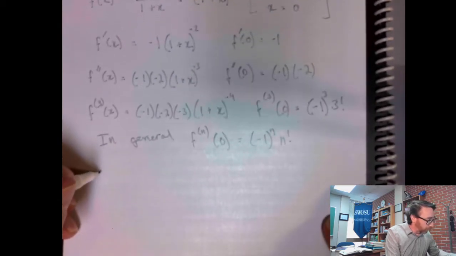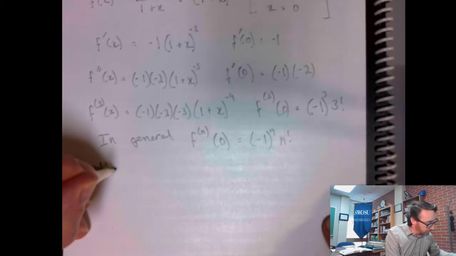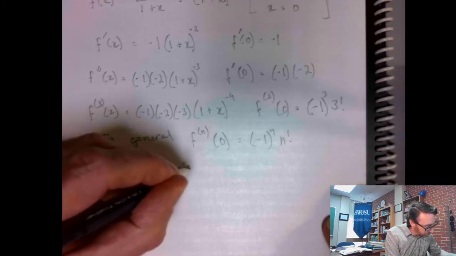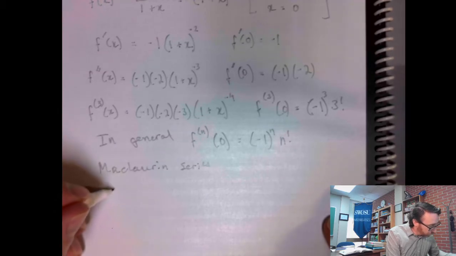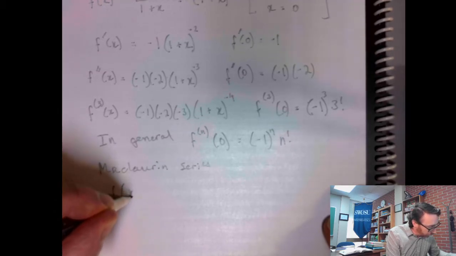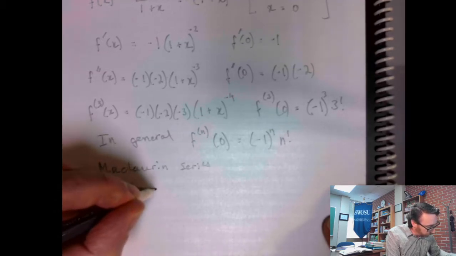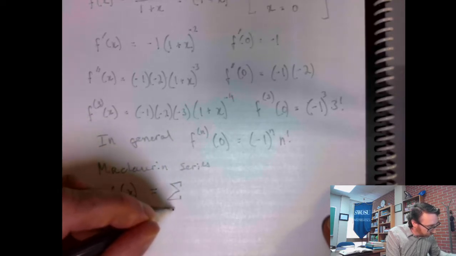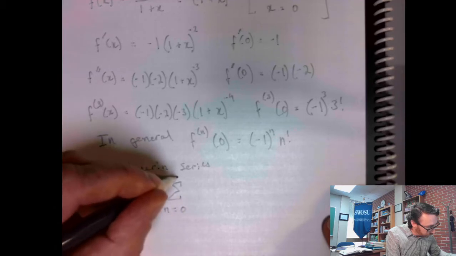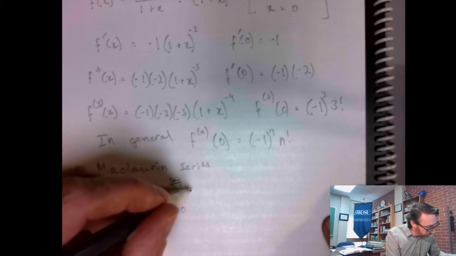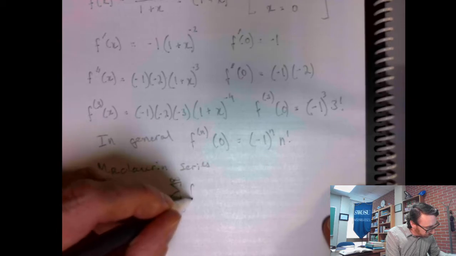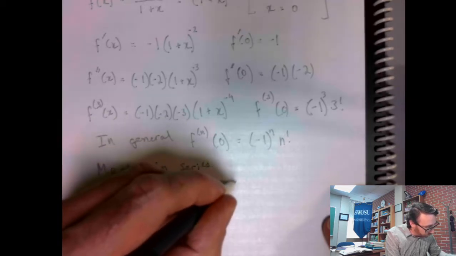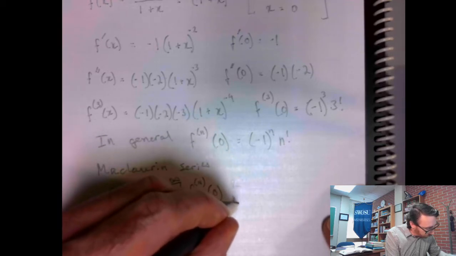Okay, so when we write down the Maclaurin series, which of course says that f of x is equal to the sum from n equals 0 to infinity of the nth derivative evaluated at 0, x to the n over n factorial.